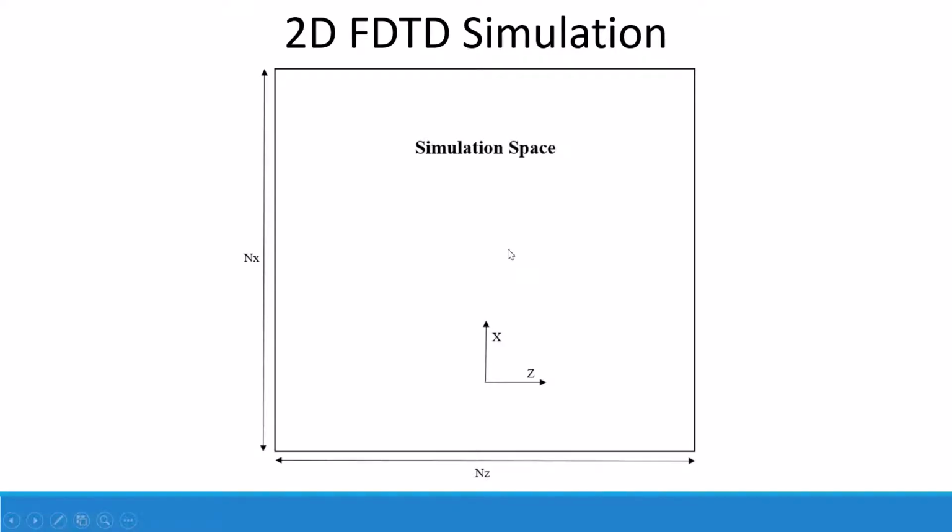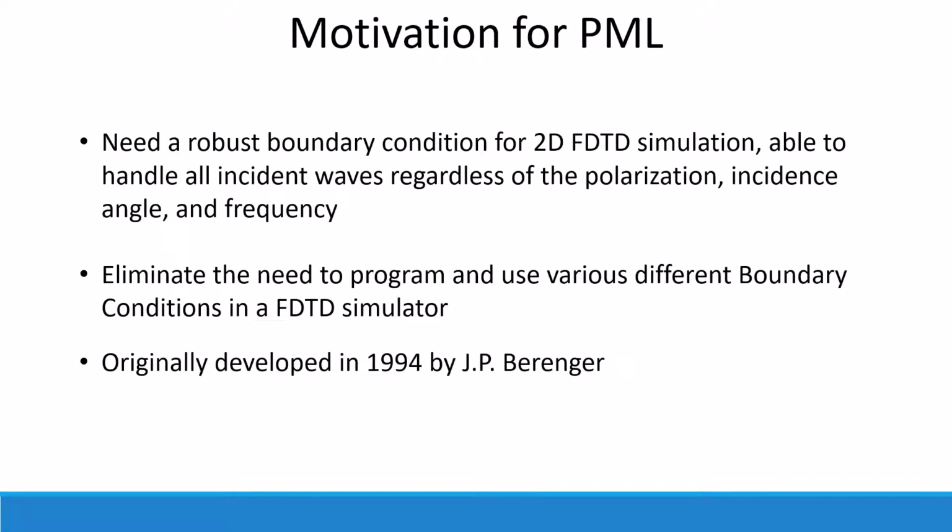So that leads into the motivation for the PML. So the need is for a robust boundary condition for the FDTD simulation, and we want it to be able to handle any and all incident waves on the interface regardless of their polarization, incidence angle, and their frequency.